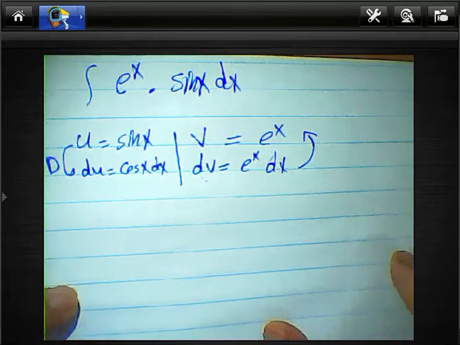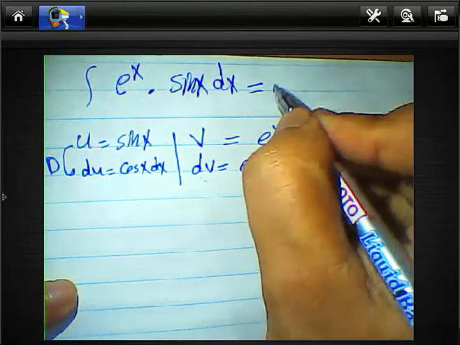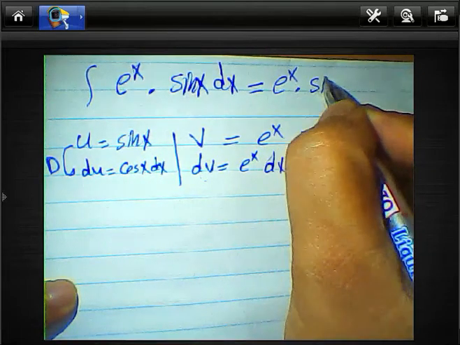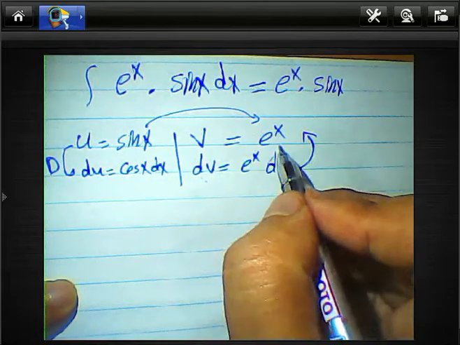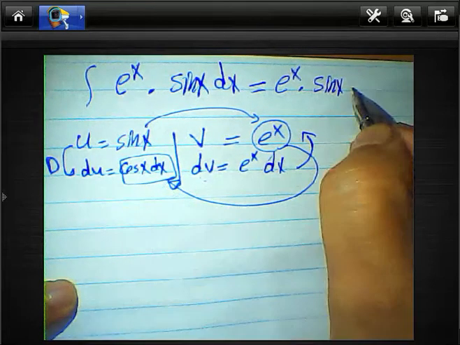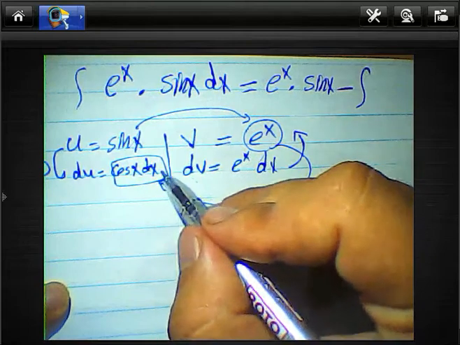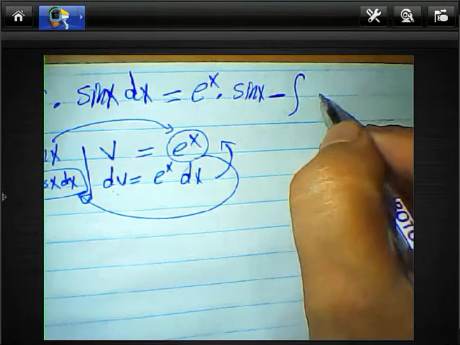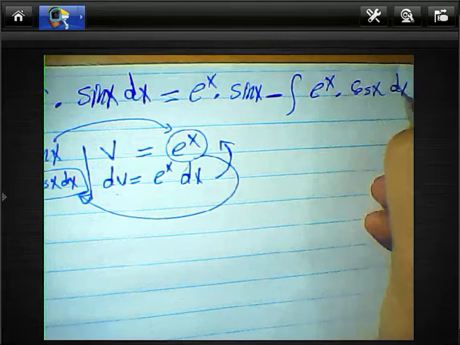And we can use the rule, so the result will be e power x multiplied by sine x, and we can find e power x multiply by cosine x dx, negative integration of e power x cosine x dx.